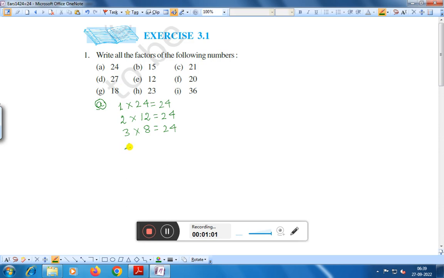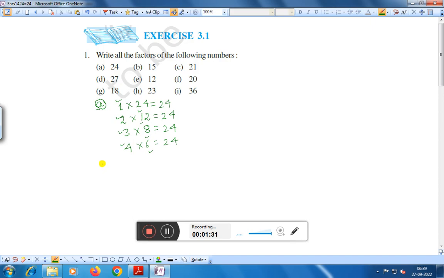Then 4 into 6 is equal to 24. After 5, we cannot find from 5 or 6. 6 into 4 is 24, we are again repeating this number. That means the factors of 24 are 1, 2, 3, 4, 6, 8, 12 and 24.